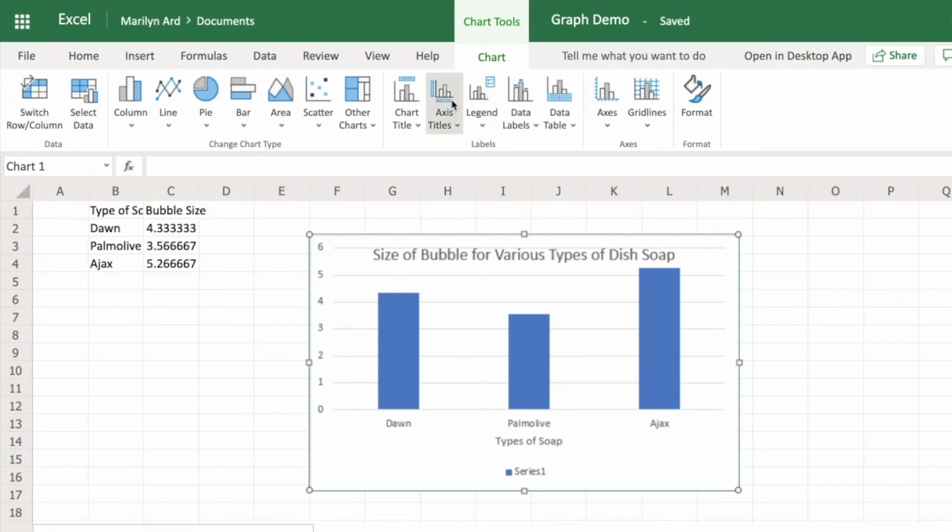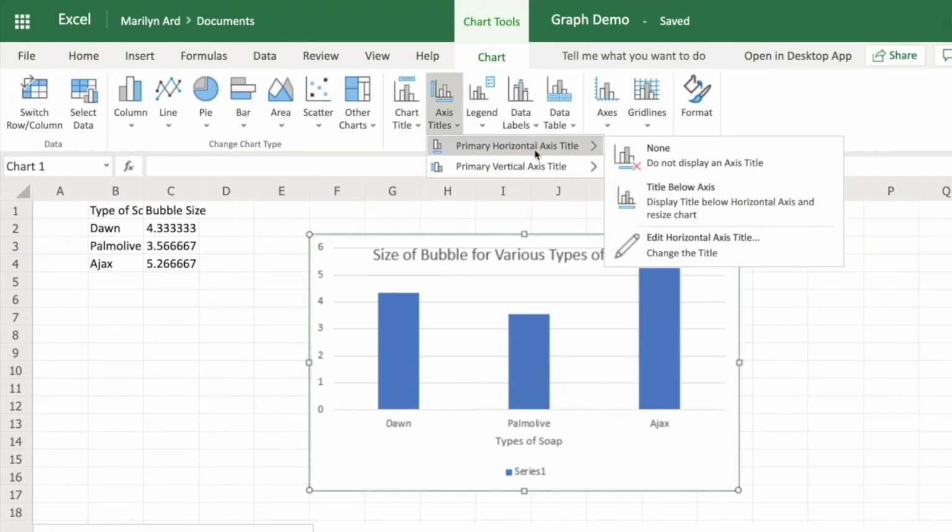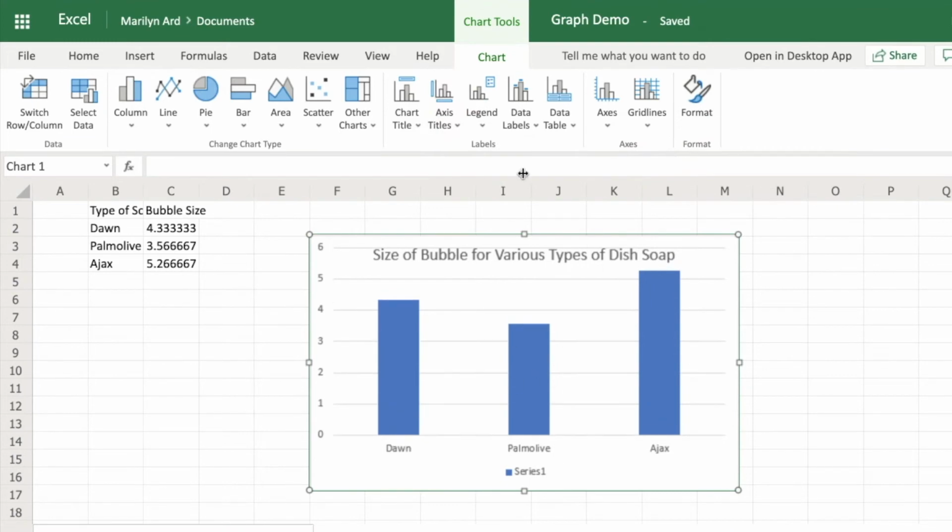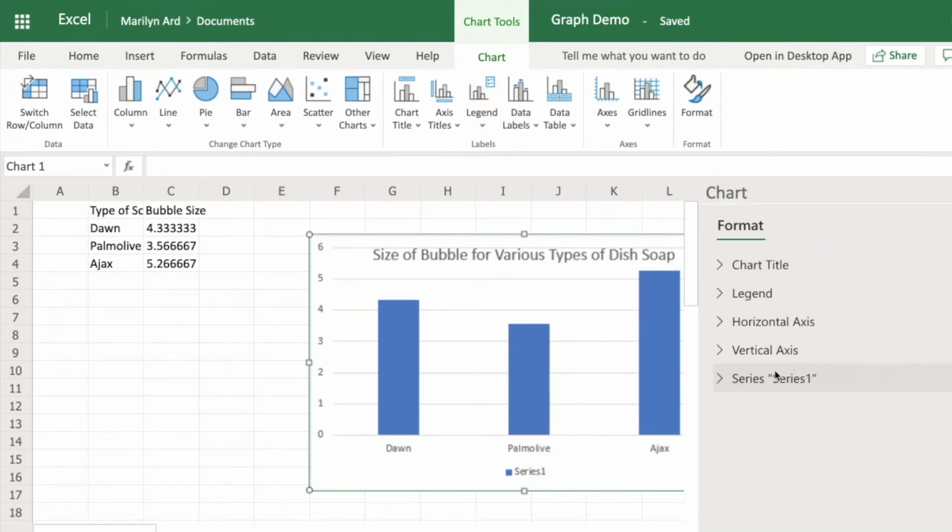Alternatively, what I could do is get rid of that and then I could do format instead of series. See, I clicked on there and I hit format. So instead of series, I could just do types of soap. That would work too.